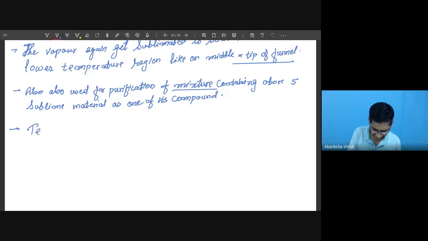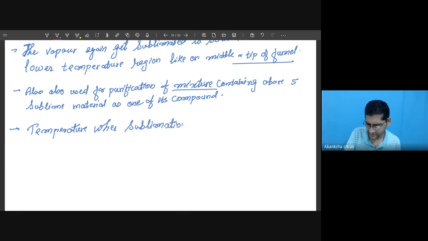Temperature where sublimation occurs. ये टेम्परेचर हम यहां मेंटेन करते हैं. So this temperature is observed carefully.